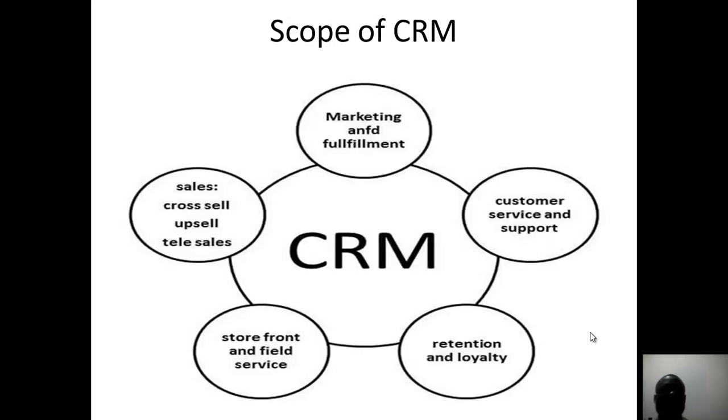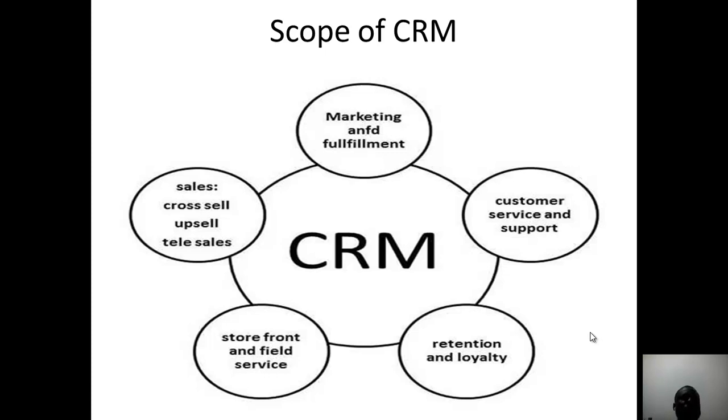So let's look at the components, or scope, of customer relationship management. We have marketing and fulfillment, customer service and support, retention and loyalty, storefront and field service, and then sales: cross sales, upsales, and telesales. These are all sales techniques.